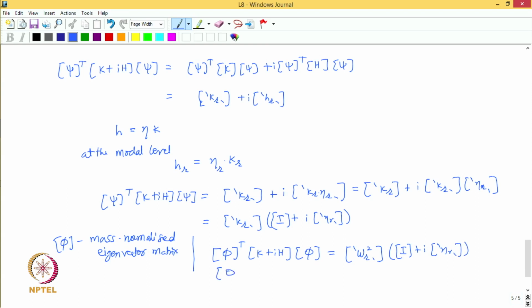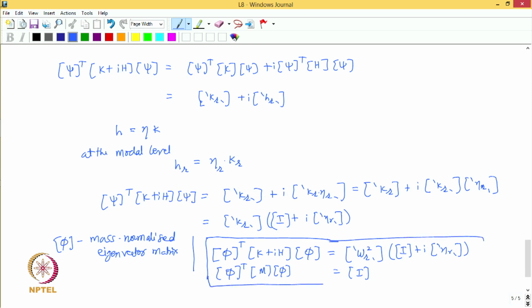And the mass matrix, ΦᵀMΦ, would be simply a unity matrix, because now the eigenvectors are mass normalized. So, these are now the expressions of orthogonality using the mass normalized eigenvectors, and here ωr is nothing but the natural frequency of the undamped model.